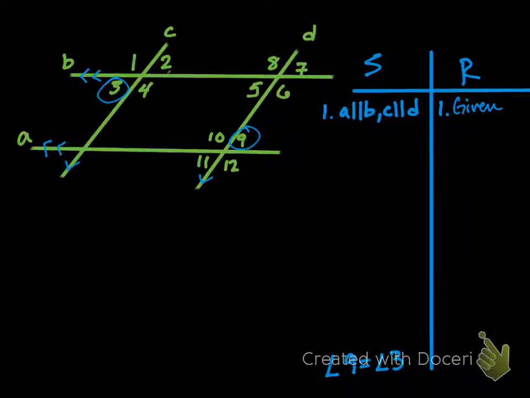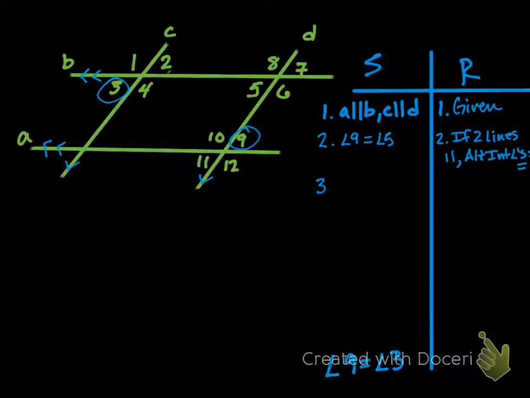Ones that I don't recommend using just because they're using extra steps, and sometimes we're limited on the amount of steps we can use. But for the sake of this, let's just do the shortest one first. So angle 9 is equal to angle 5. Our reason for this is if two lines are parallel, alternate interior angles are equal.